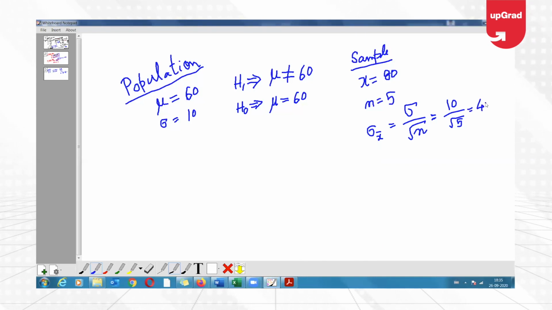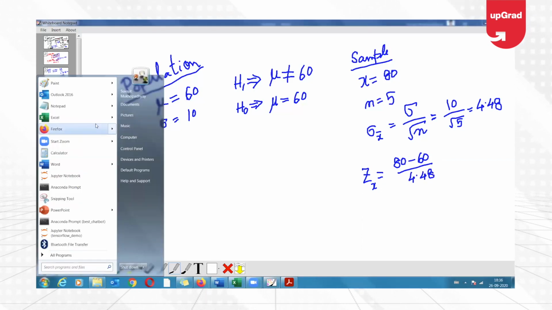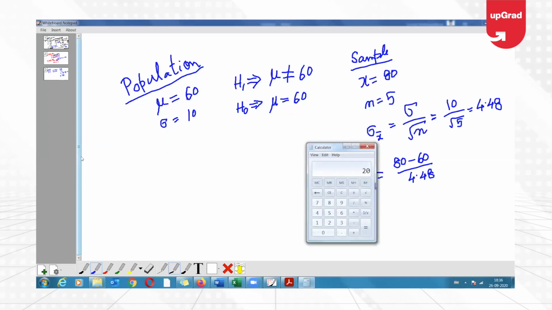This is my standard deviation. So z of x is 80 minus 60 divided by 4.48. So 20 divided by 4.48 is 4.46.